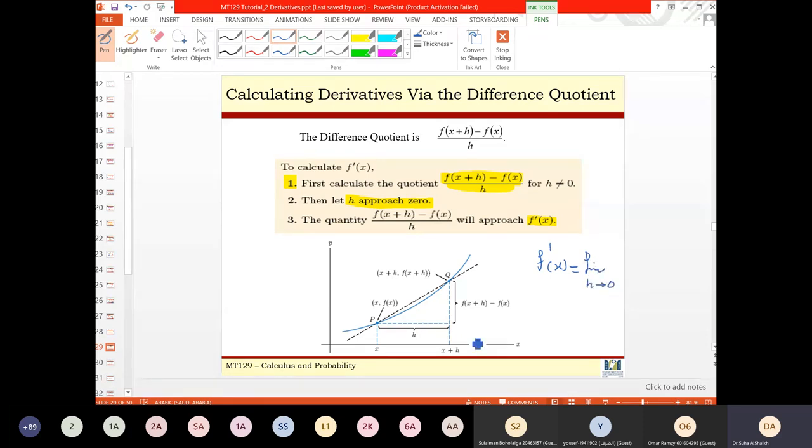When h goes to 0. When h approaches 0, of f of (x plus h) minus f of x, divided by h. This is the definition. Sometimes they may ask you to find the derivative of a function using the definition. It's f of (x plus h) minus f of x, divided by h, when h is approaching 0.